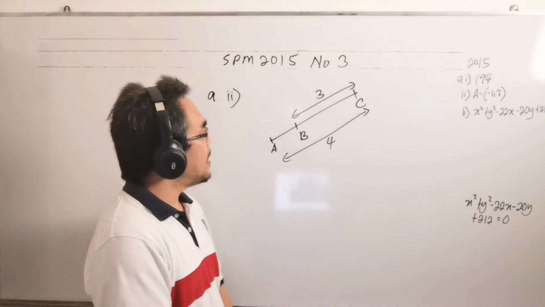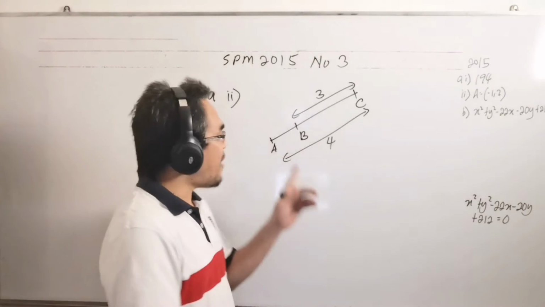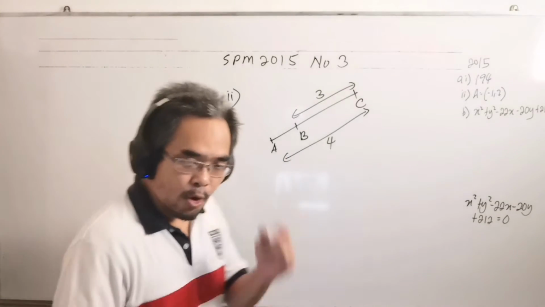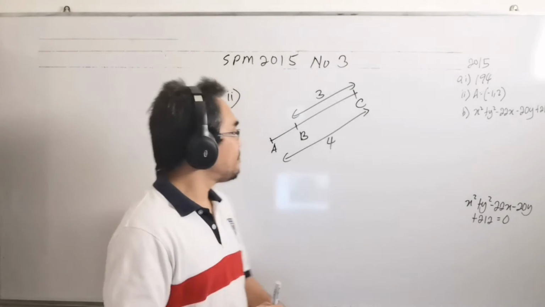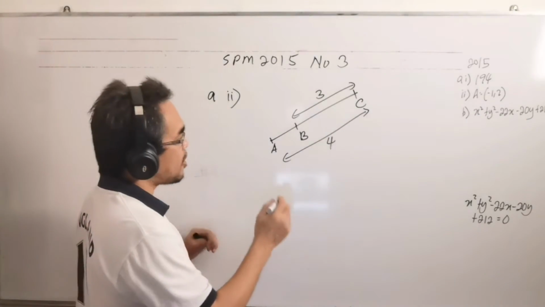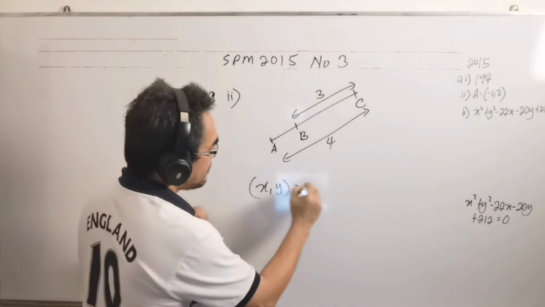Okay, so in order to find the coordinates of A, we use the ratio formula. Are we using 3 and 4? No, because we have to understand how to use this formula.